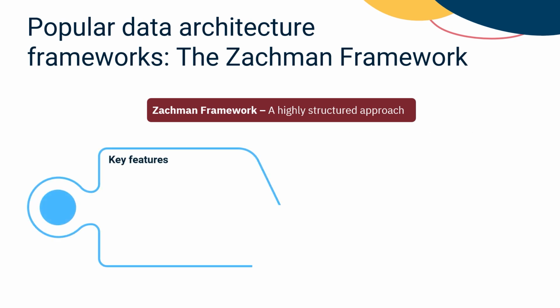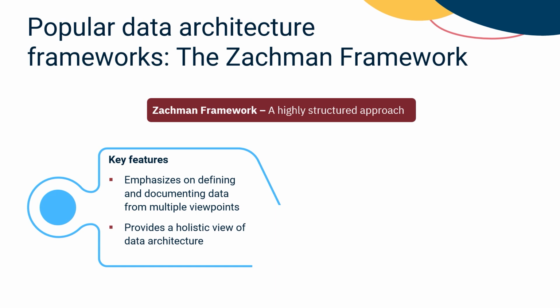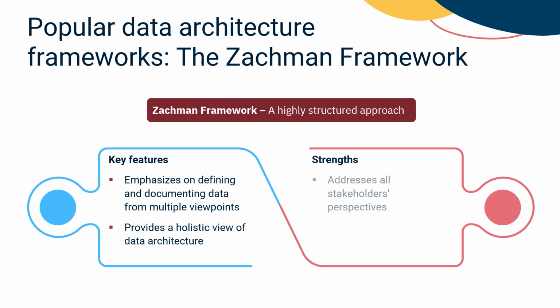Proceeding to its key features, the Zachman framework emphasizes the importance of defining and documenting data from multiple viewpoints. This helps the framework provide a comprehensive and holistic view of data architecture. Its strengths lie in effectively addressing the perspectives of all stakeholders and promoting comprehensive documentation and standardization.